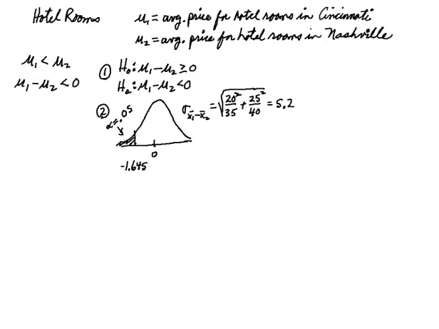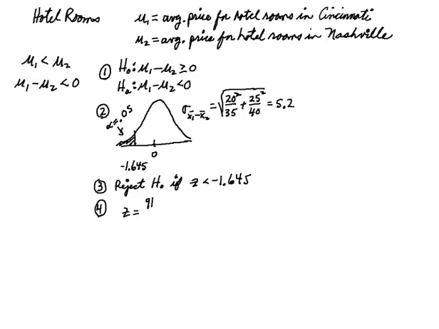Now, step 3 would be the rejection rule. So I'm going to reject the null hypothesis, H sub 0, if my test statistic, Z, is less than negative 1.645. And then I've got to calculate that test statistic, Z. So remember that, again, I'm taking population 1 to be Cincinnati's rooms and population 2 being Nashville rooms.